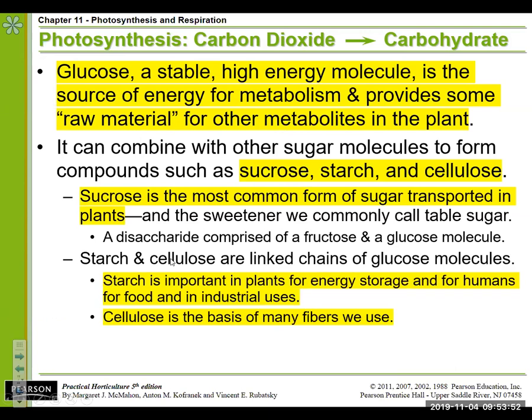Starch and cellulose, though, are also important. Starch for energy storage for the plants, and what actually becomes most bioavailable for other animals, the heterotrophs, for food, as well as it's also used in some industrial uses. A complex form of starch that is then fermented becomes ethanol that we use for fuel.